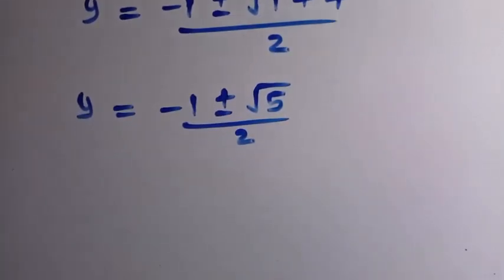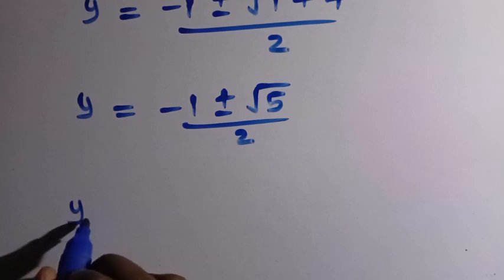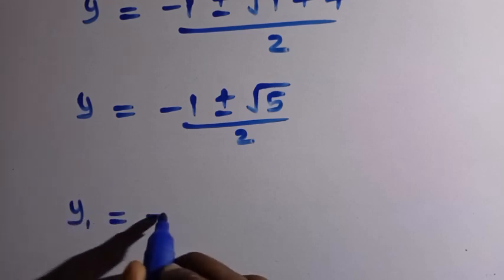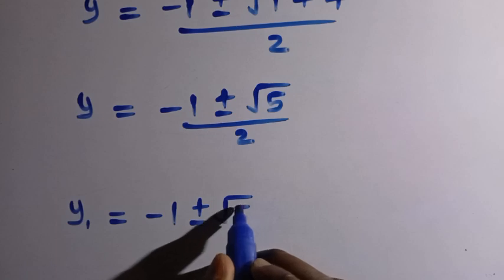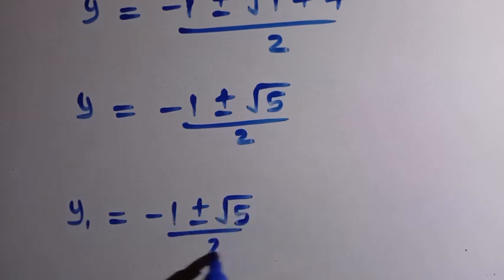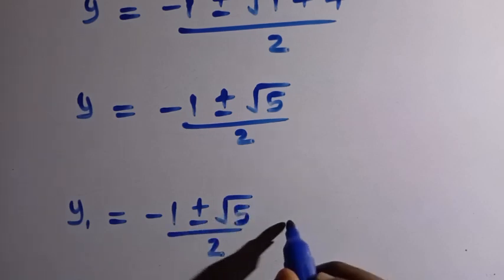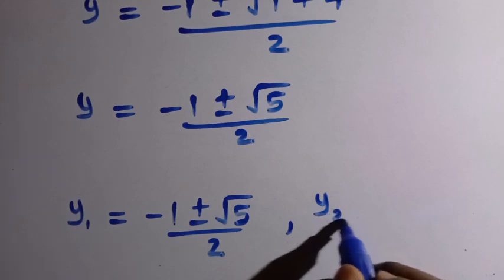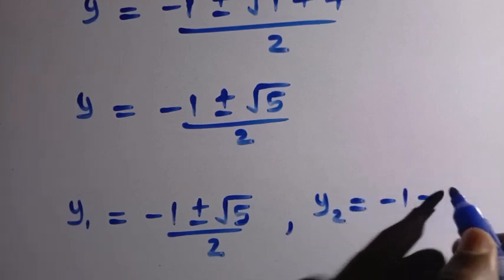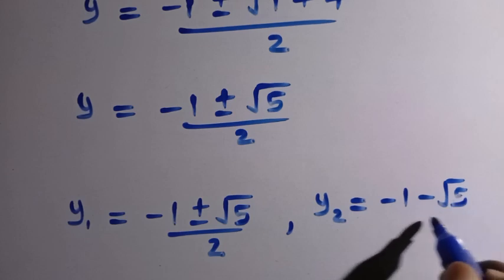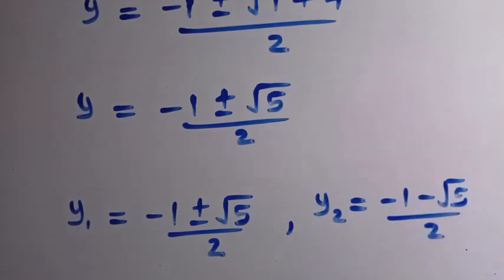So there are two solutions gotten from here. We have our y1, which is minus 1 plus square root of 5 divided by 2, and also we have our y2 equals minus 1 minus square root of 5 divided by 2.